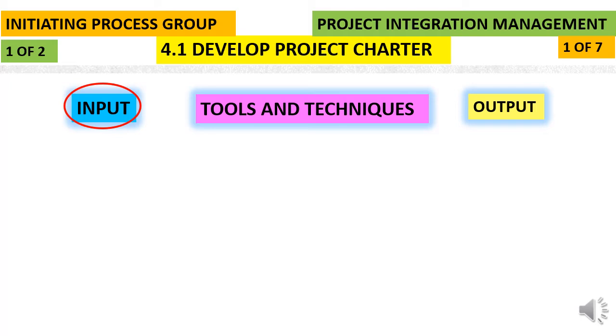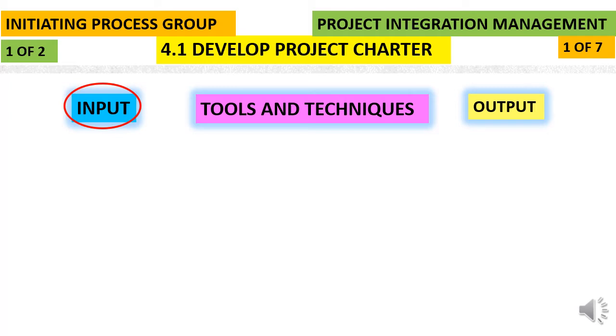And if you look from the perspective of the process groups, this is the first of the 2 processes under the initiating process group, and this is the first process out of the 7 processes under the project integration management knowledge area.